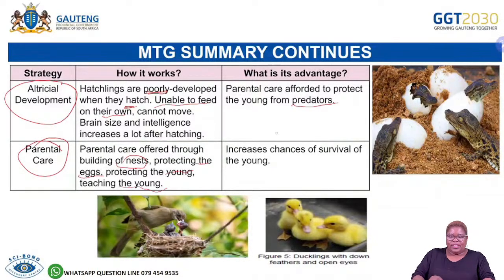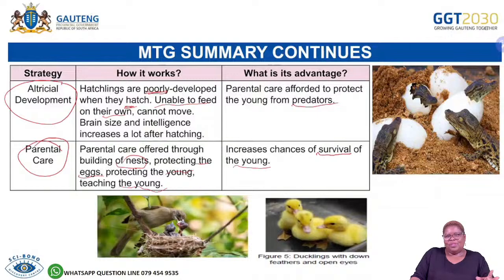And what is the advantage of parental care? You can ask yourself, why are we taking care of you as parents? What is the advantage of parental care? It increases chances of survival. Imagine if I give birth and just leave that young infant, young child.